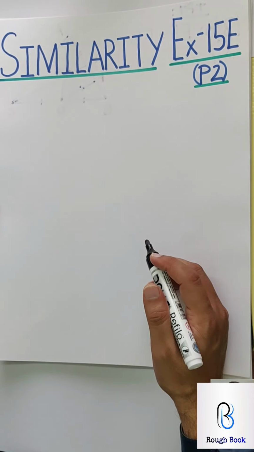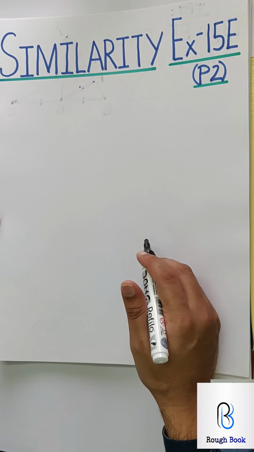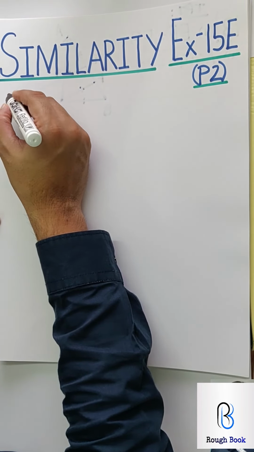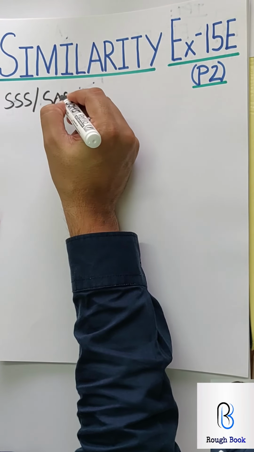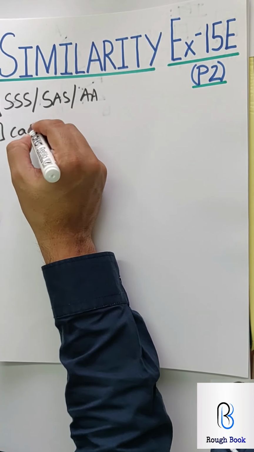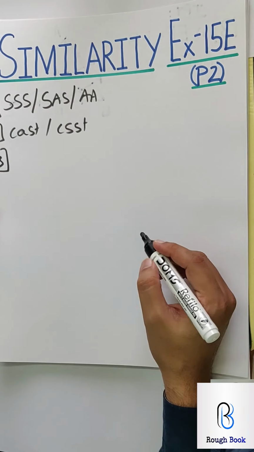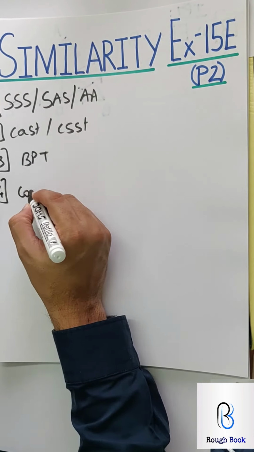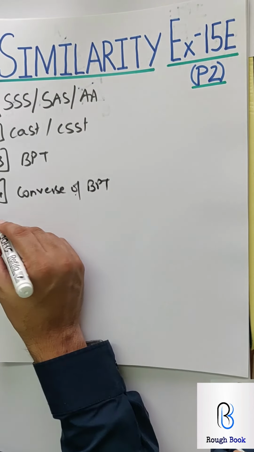In the last video I did a recap of all the properties that you're supposed to know for this particular topic. So I'm repeating those. First one, all the tests of similarity, SSS, SAS and AA test. The second one, CAST and CSST. The third one, BPT, basic proportionality theorem, converse of basic proportionality theorem.